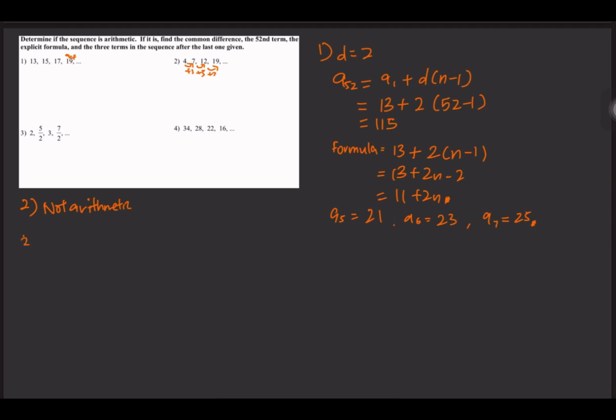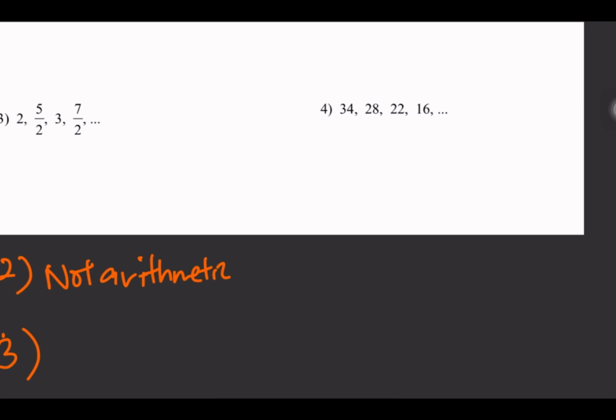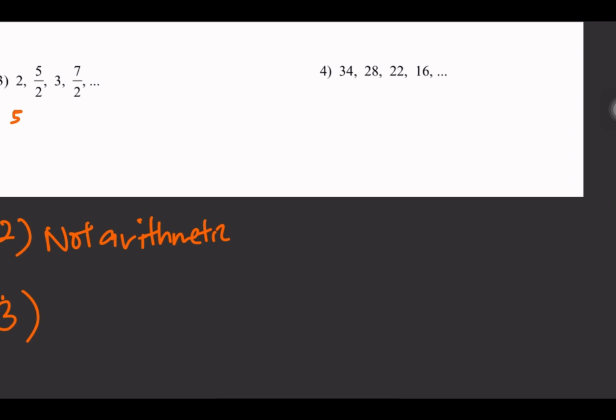Now, number 3. 2 to 5 over 2 to 3 to 7 over 2. Now, this may seem a little bit hairy at first, but let us take 5 over 2 minus 2. What will we get? 1 over 2.